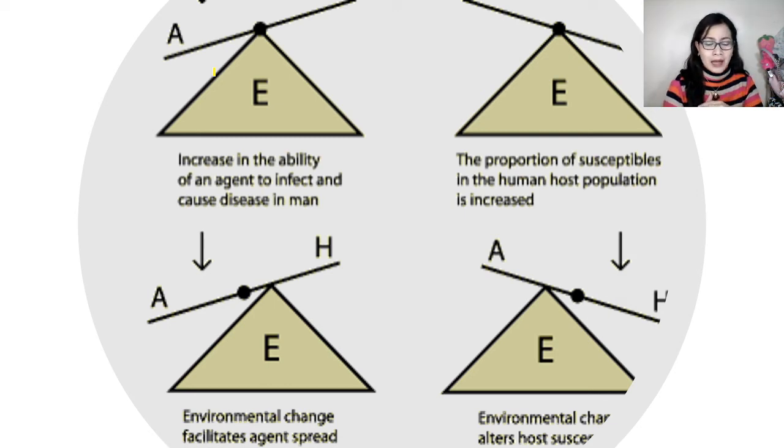This time, as the scientists study it, it was found that environmental change also can facilitate the spread of COVID-19. So again, for example, if you live in a crowded place and there's someone infected, then you can also become susceptible to the infection.